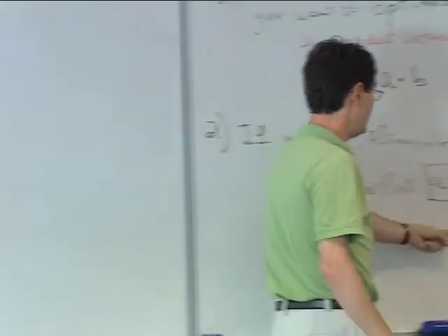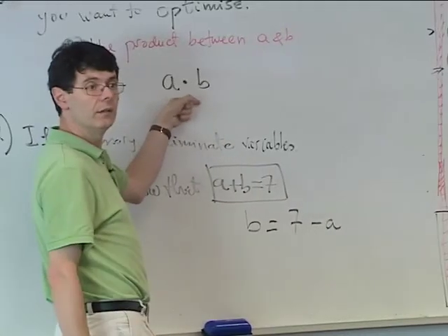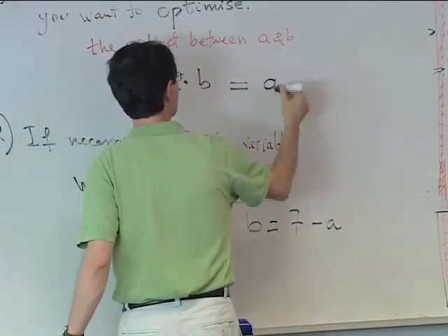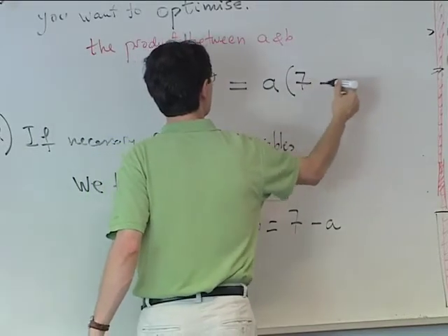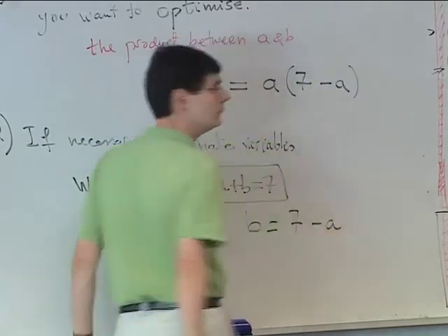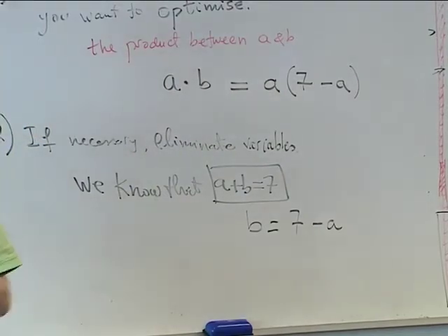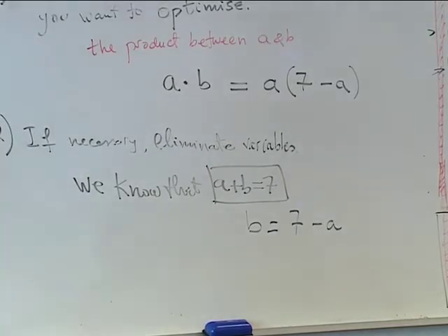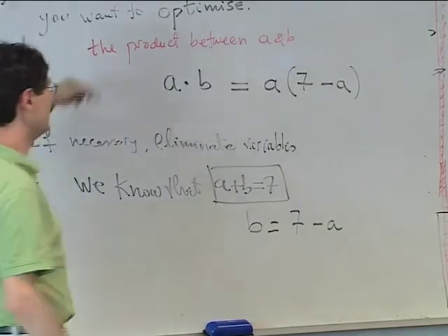Now, using this, I'm going to eliminate B from the previous one. So this is A, 7 take away A. That's step 3, but I wrote step 3 on the board.